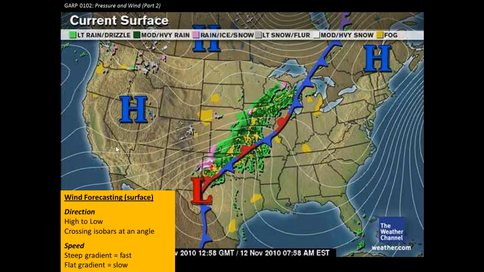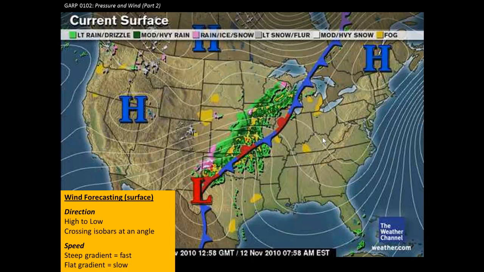So all you've got to do is look at your weather map, find your high pressure areas and low pressure areas, and then look at the white lines, your isobars. Pretty tightly spaced here, so it's going to be pretty fast, pretty windy in here. Same out here, by the way, over the Atlantic Ocean. In contrast, here you have a very wide spacing. Going to be pretty slow here over Indiana.